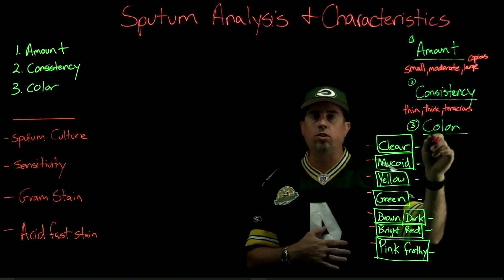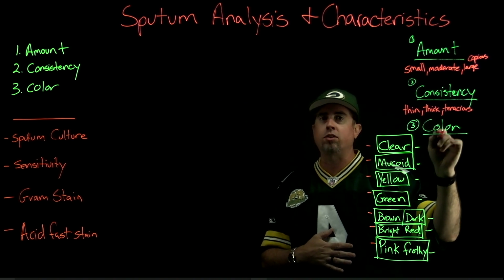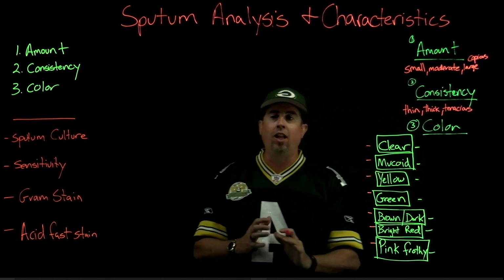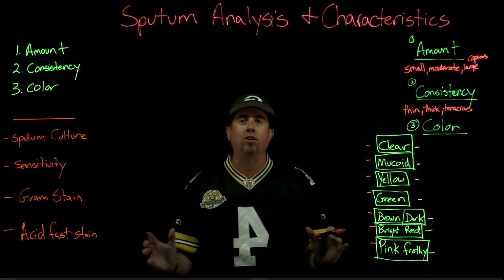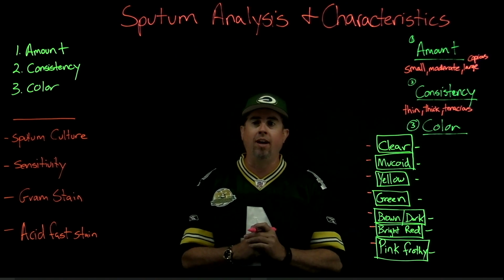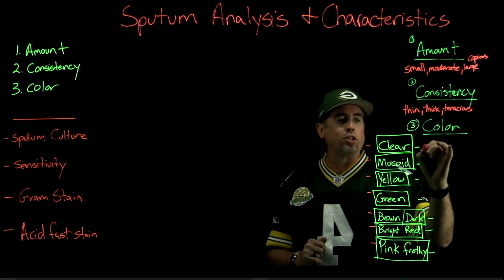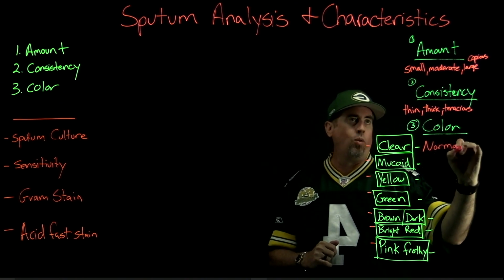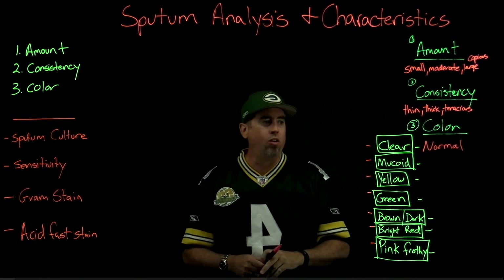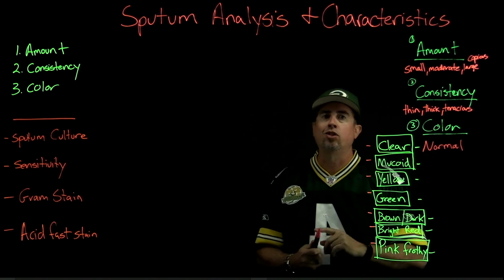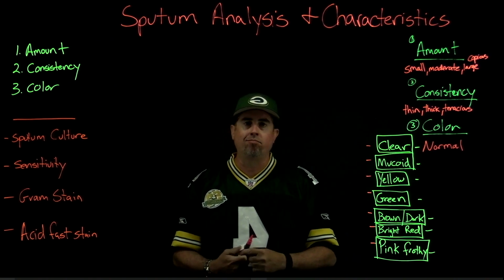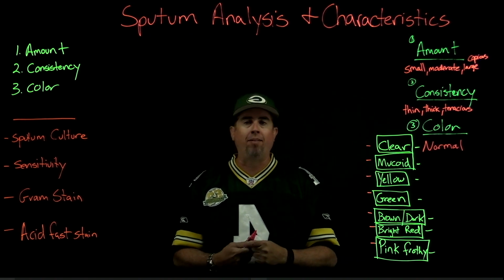All right, now this is, if not the, one of the most important things right here, and that is color. Color tells you so much about your sputum. The first one we've got is clear. With clear, we have small, thin, clear secretions. Normal, maybe a moderate amount on a good day.